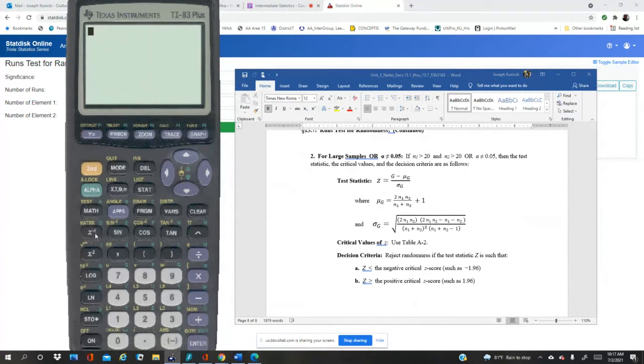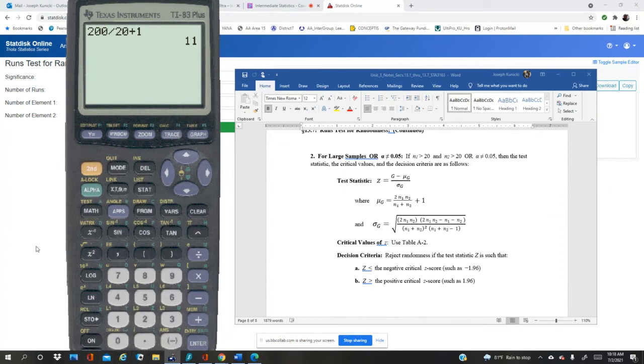I need mu G. So N1 and N2 are both 10. So mu G is 2 times 10 times 10, that's 200, divided by N1 plus N2, that's 20, they're both 10 again, plus 1. So that turns out to be 11. So mu G is 11.